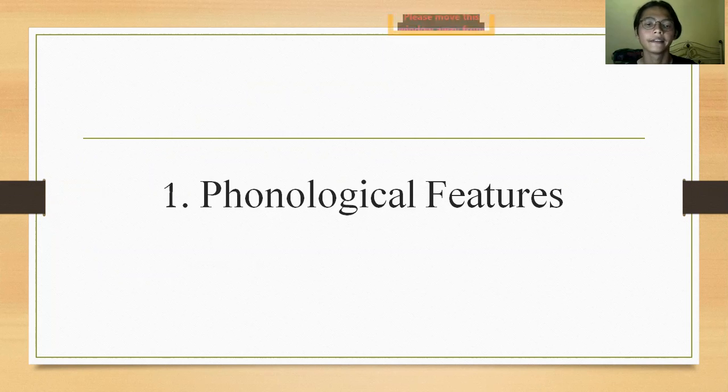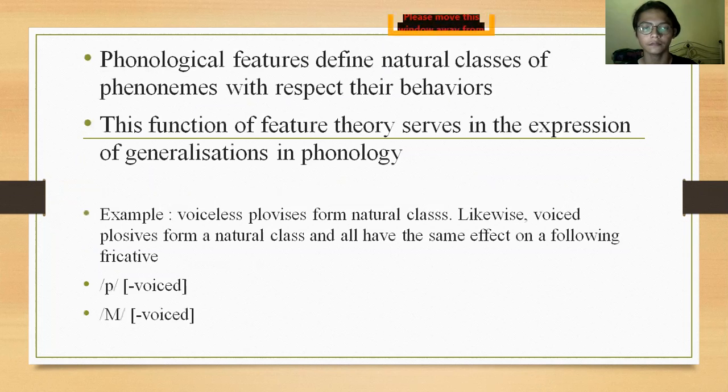Number one is phonological features. Phonological features define natural classes of phonemes with respect to their behavior. This function of feature theory serves in the expression of generalizations in phonology.